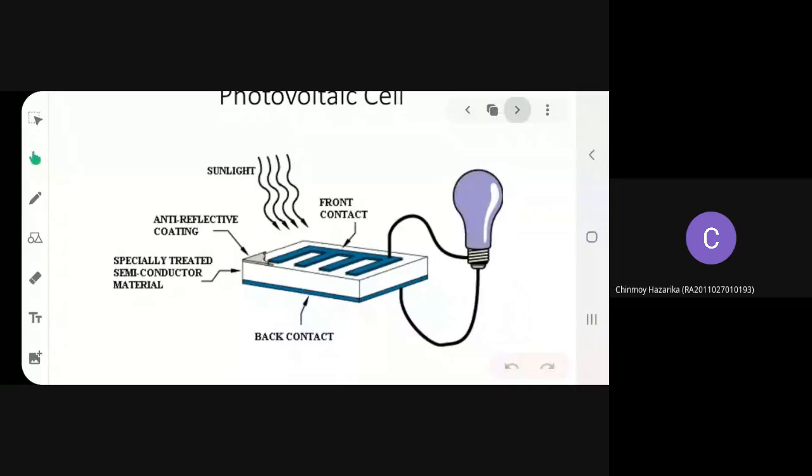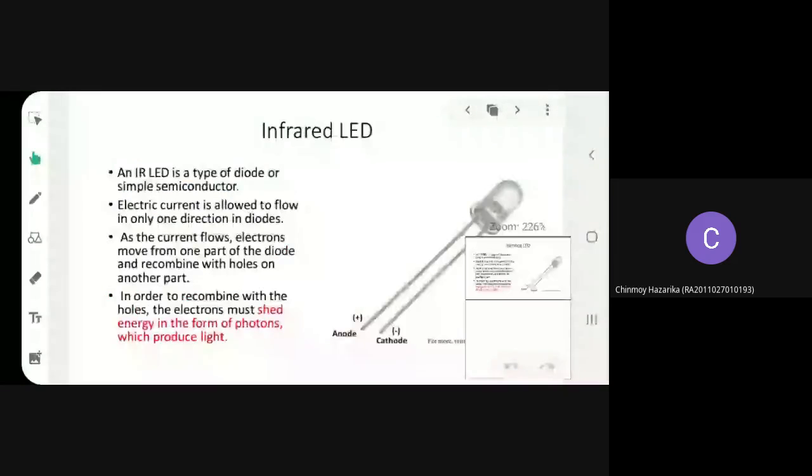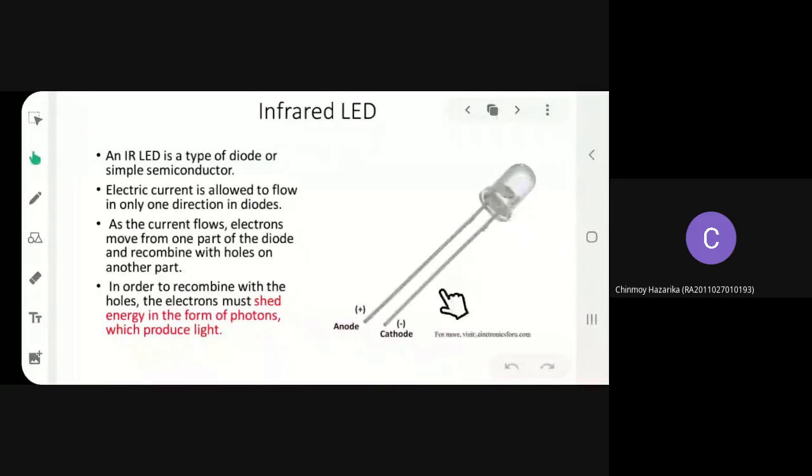Next is the infrared emitter. This infrared emitter is a special type of what actually? This picture is showing what type of electro-optical transducer?